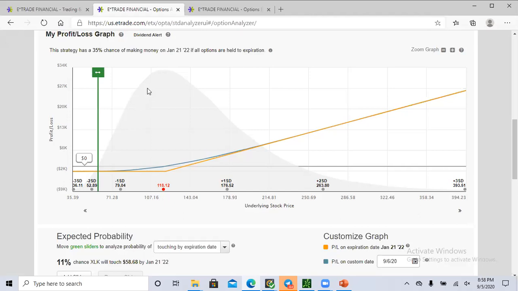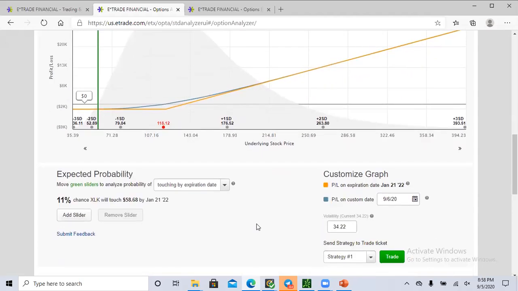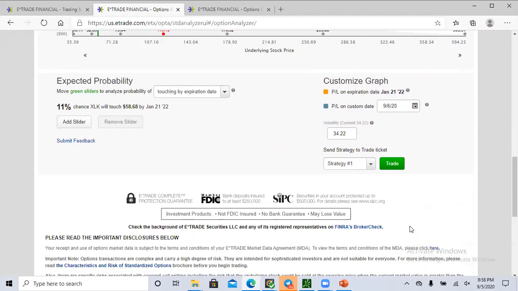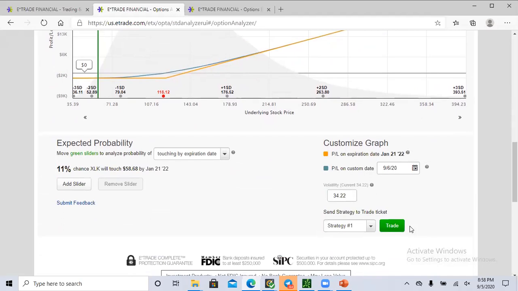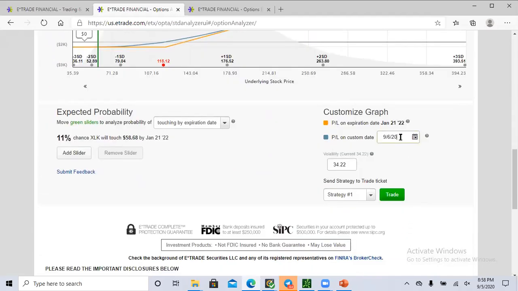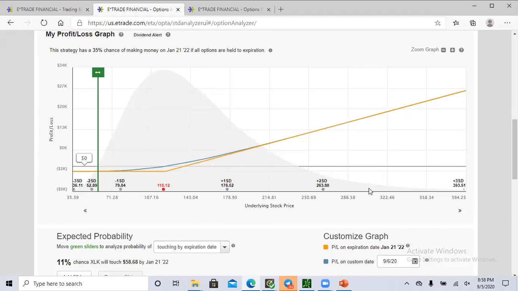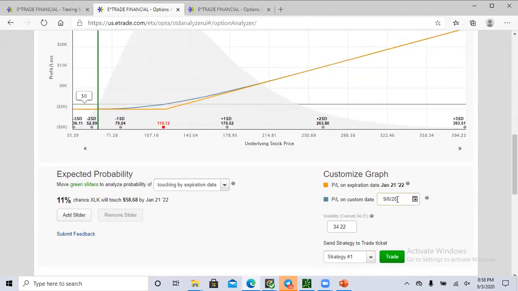So you could guesstimate around about what it might be when the new ones come out. It won't be spot on, but it'll be close. Let's see.